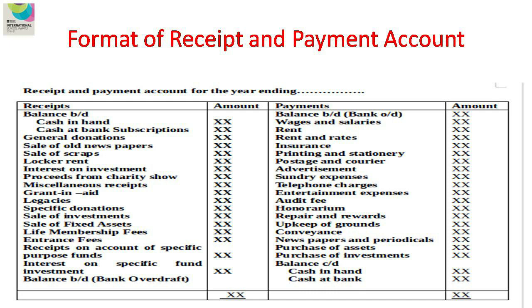In the receipt side, the first item, balance brought on, that is opening cash balance or opening bank balance, that is balance brought on, cash in hand, cash at the bank.